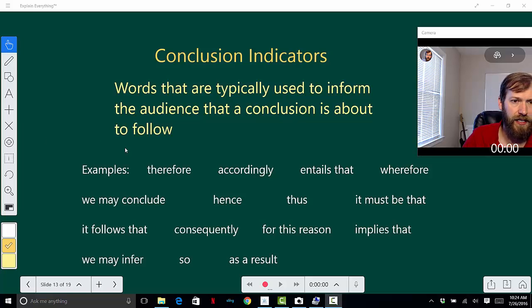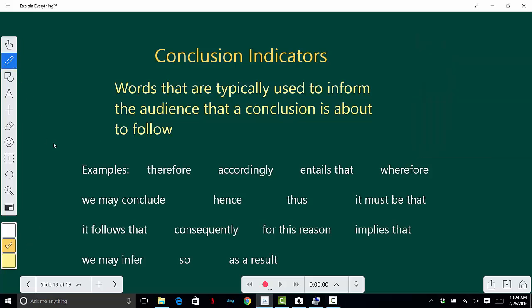So we have some standard examples again, and like before, this isn't supposed to be an exhaustive list, but typical cases include therefore, hence, as a result, that, accordingly. You see these a lot. Wherefore, you almost never see anymore, as far as that I see. It follows that, consequently. These are all pretty typical, really.